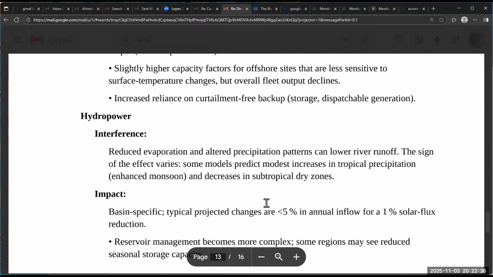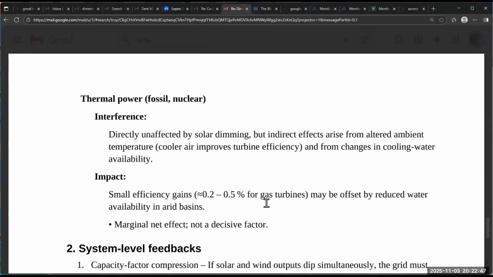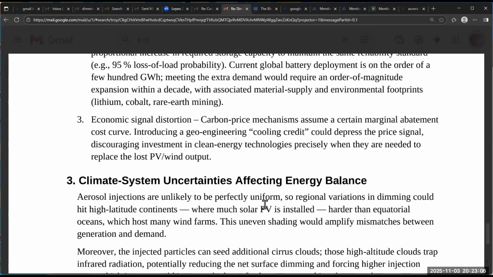But when we look at the systemic level issues, we really boil it down with points 2, 3, and then finally 4 and 5. If you read all of that, you'll come to see that the problems created by doing this are almost of the same scale as the original problem itself.